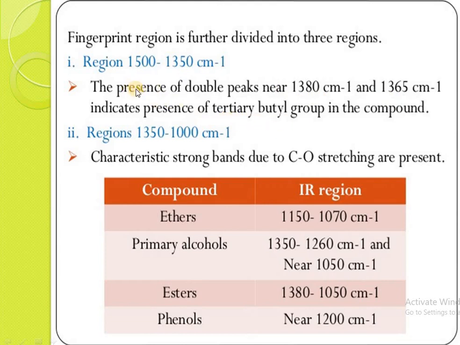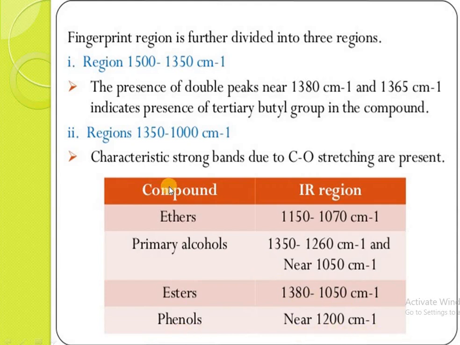And the second region, between 1350 to 1000 centimeter inverse, has strong bands due to CO stretching, and CO stretching is present in ethers, indicated between 1150 to 1070 centimeter inverse. Then primary alcohols show at 1350 to 1260 centimeter inverse, esters show 1380 to 1050 centimeter inverse, and phenols show near 1200 centimeter inverse.